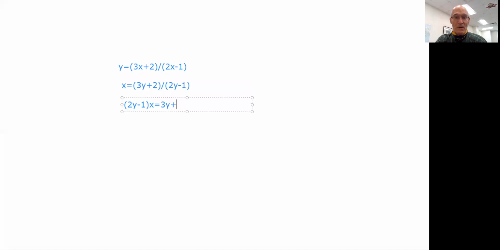3y plus 2. If we distribute on the left side, we get 2xy minus x equals 3y plus 2. We get the y terms together, so we have 2xy minus 3y equals x plus 2.